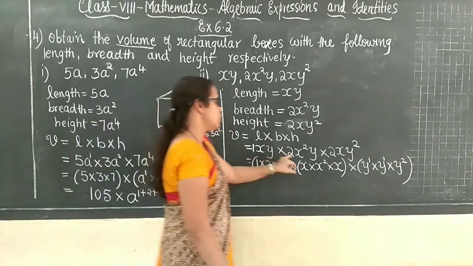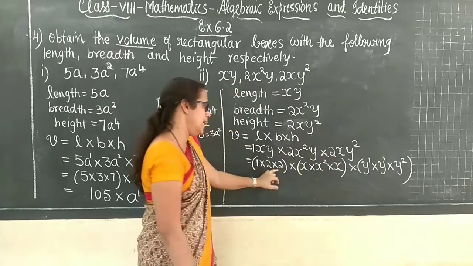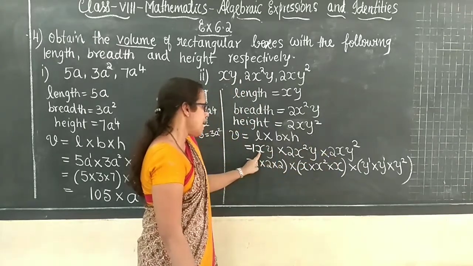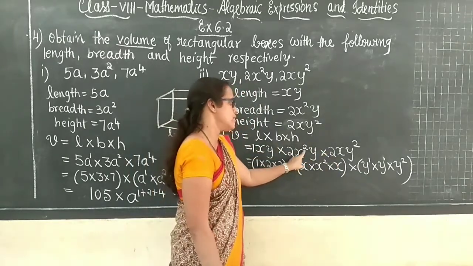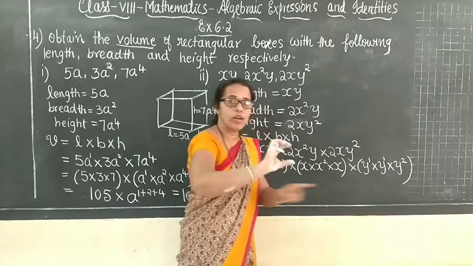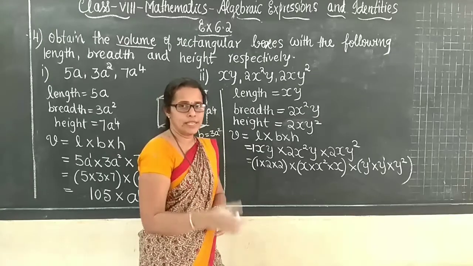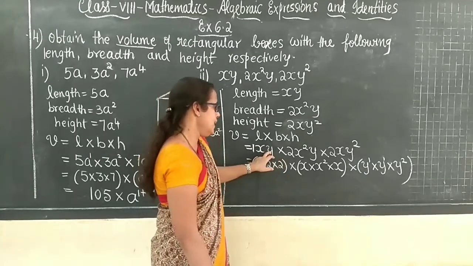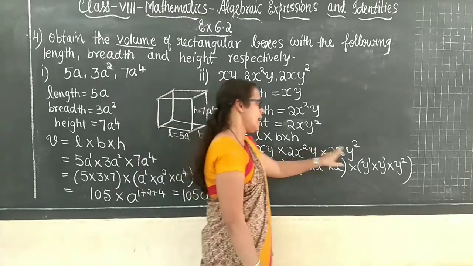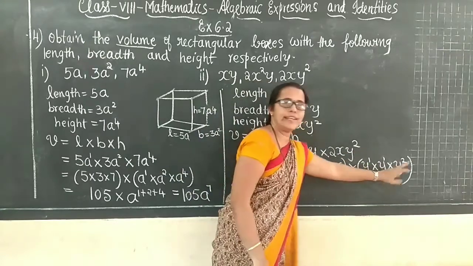So now 1 into 2 separately, into x 2 times, into x 1 time, because all are like terms, so I can write together and multiply easily. y 1 time, y 2 times. Write like this. Got it?